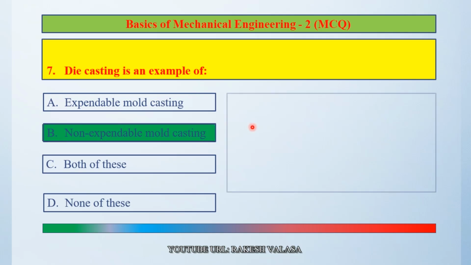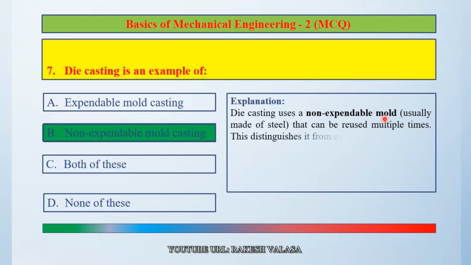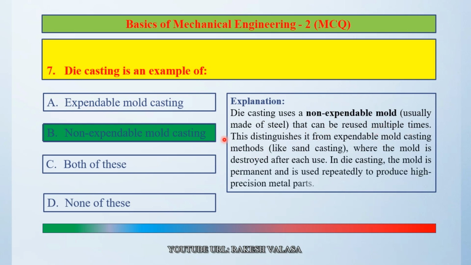Let us see the explanation. Die casting uses a non-expandable mold, usually made of steel, that can be reused multiple times. This distinguishes it from expandable mold casting methods like sand casting, where the mold is destroyed after each use.